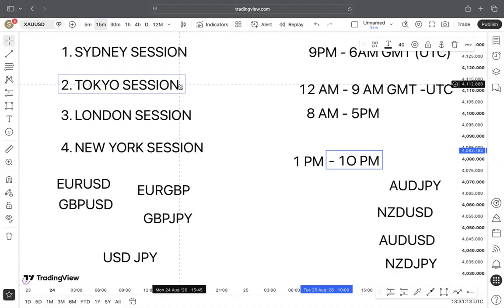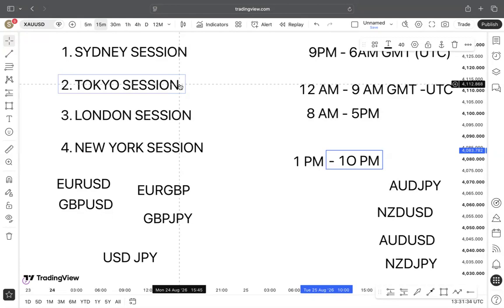And then the New York session is also one of the most active. The overlap between the New York session and the London session is the busiest period in the forex market, often producing high trading volume, strong price movements, and increased volatility.